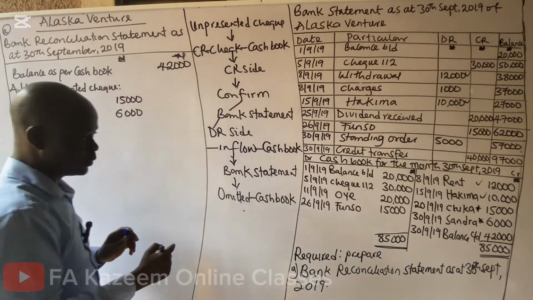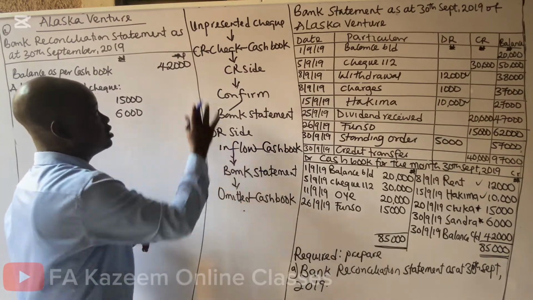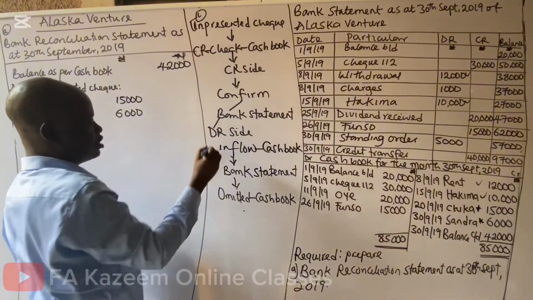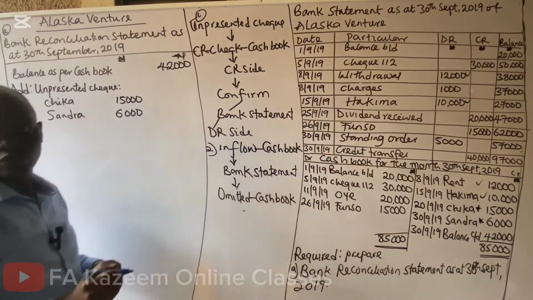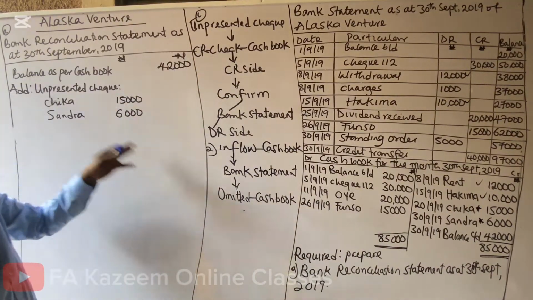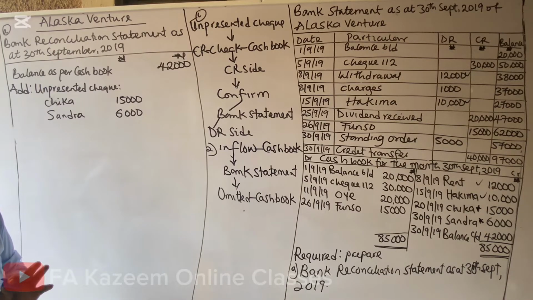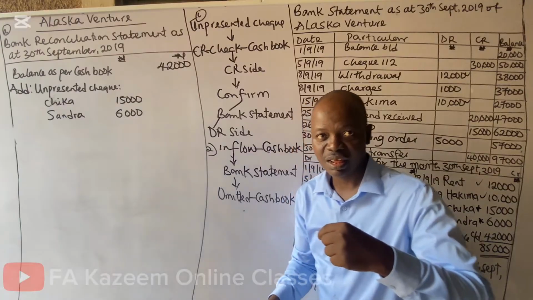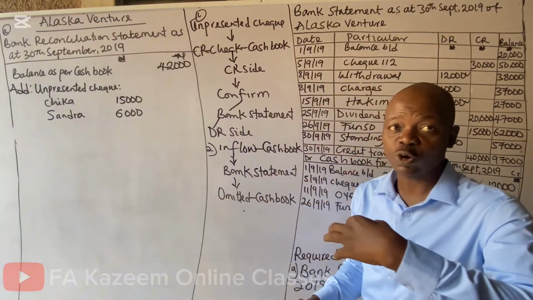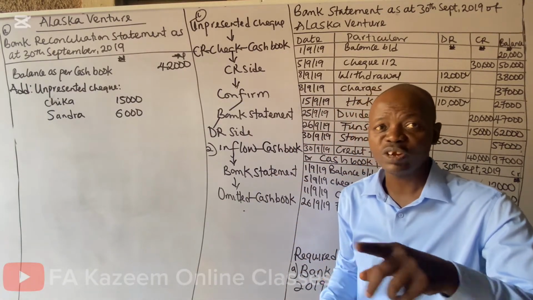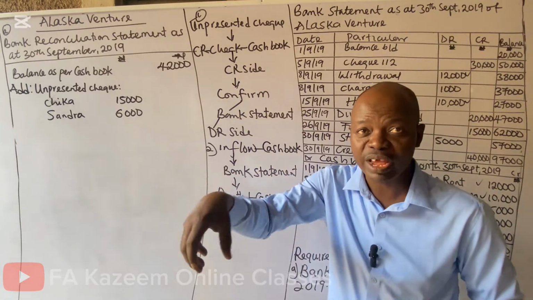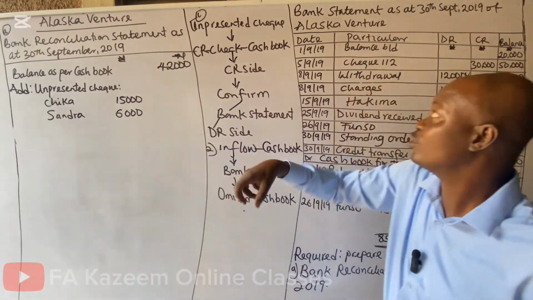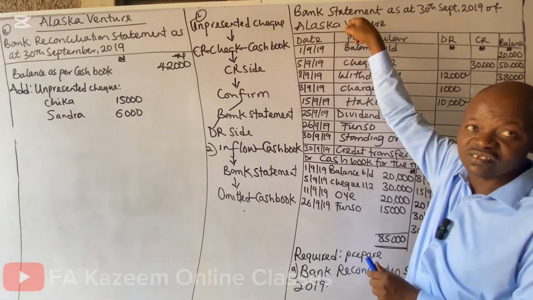Let's give an example. How do we do this? That's number one. This is number two. All these explanations are the things to be added under the direct method. There are situations where a customer will transfer money into a customer's account, but due to a network issue, the customer is not aware such money is in his account, not until he receives his bank statement.